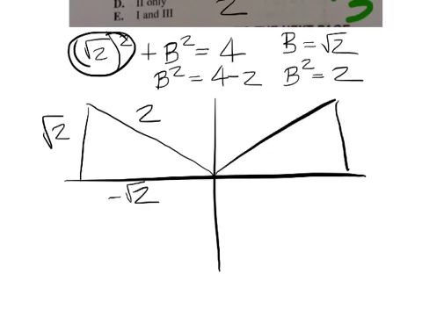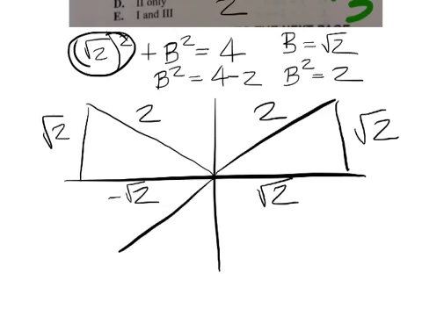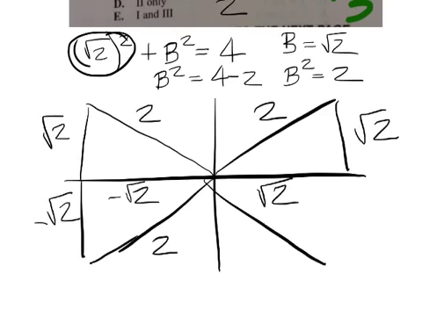If you go back this way, that's a positive square root of 2, positive square root of 2, and a positive 2. Come back this way, you still have a negative square root of 2, but this one is also a negative square root of 2, and that's a 2. And then come back this way, still a positive square root of 2, but this is a negative square root of 2, and that distance is going to be 2.